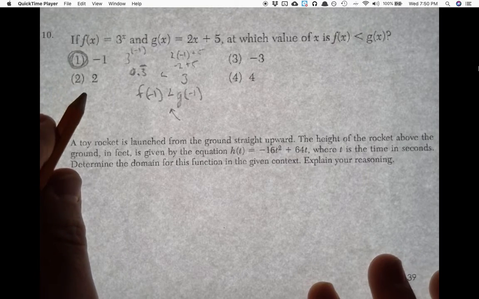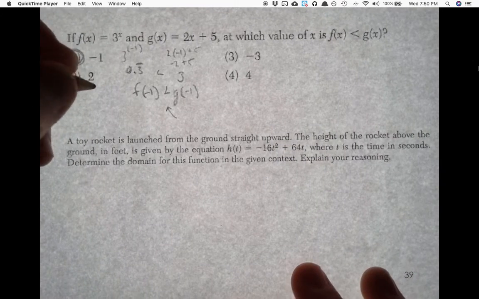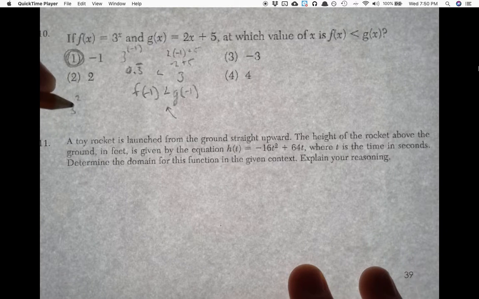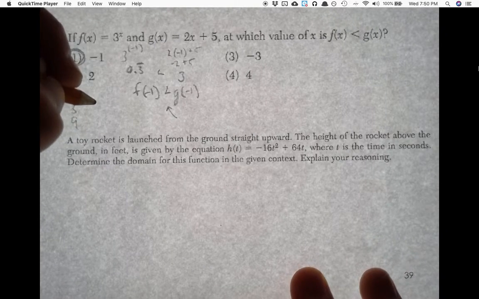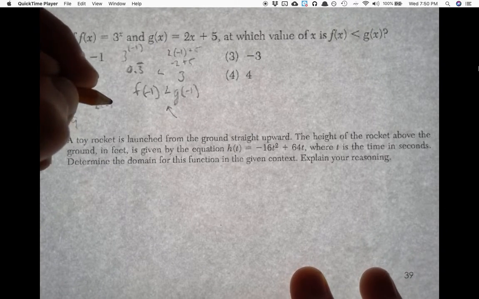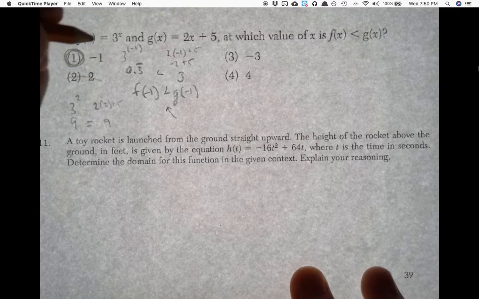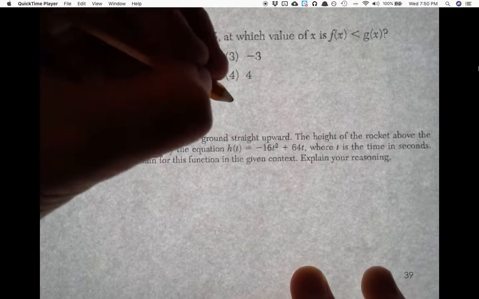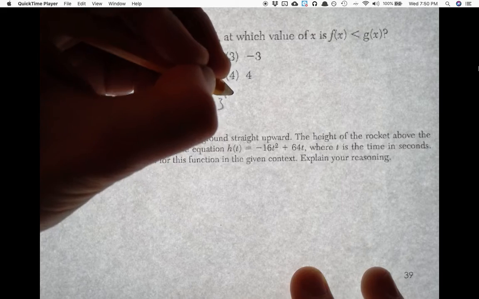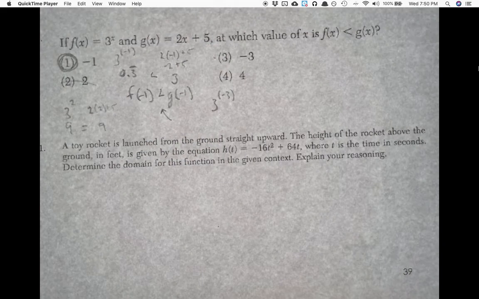If I try 2 here, I'll get 3 squared, which is 9, and 2 times 2 plus 5 is also going to be 9. These are equal. Nothing's less than the other, so it's not 2. If I try 3 to the power of negative 3, let's check that one in the calculator.